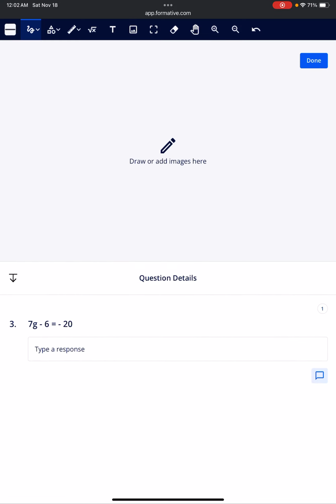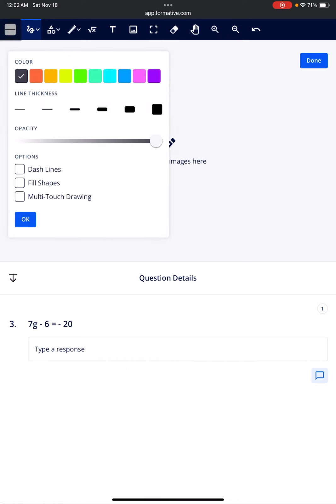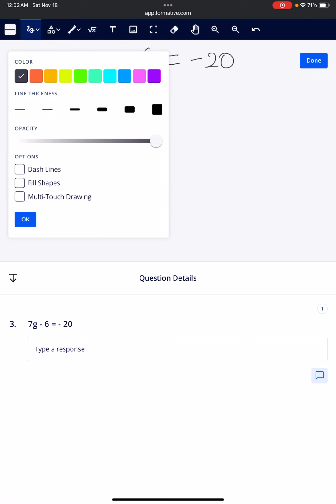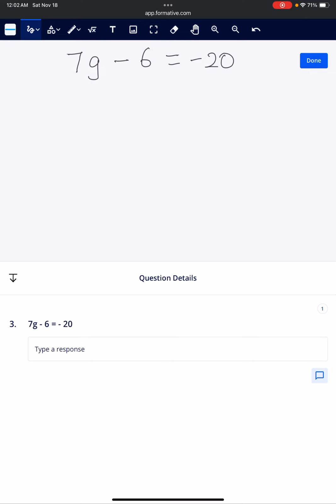Number 3, I'm going to rewrite the problem first. So you have 7g minus 6 equals negative 20. Again, try yourself first, and if you don't understand, then watch this video. You need to keep this variable, but you need to remove the rest.